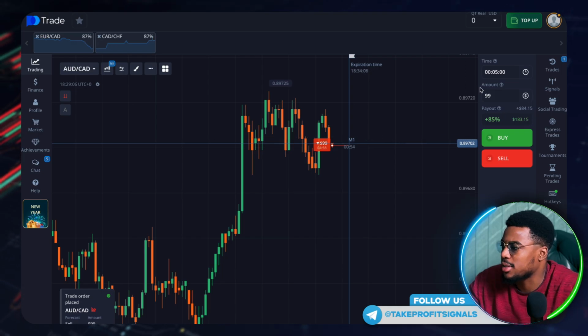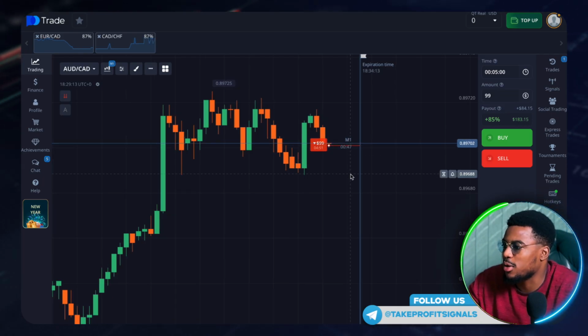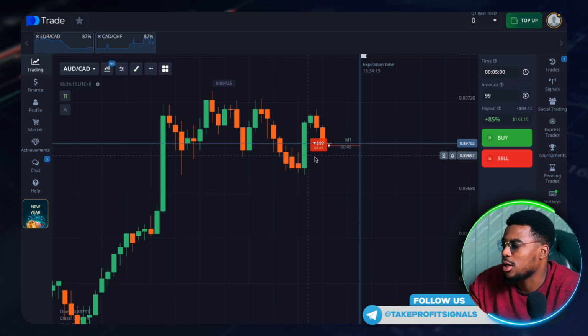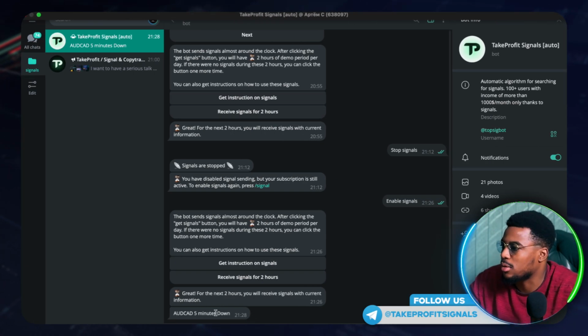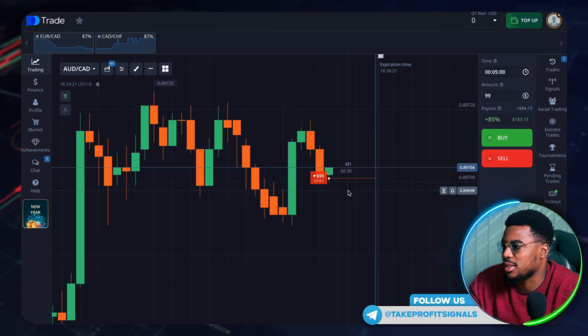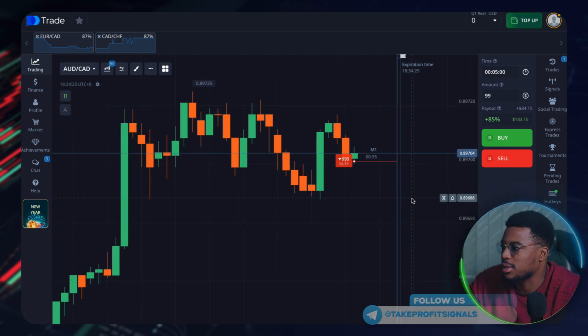It is 5 minutes. The entire amount of my balance I also put in one transaction, because today's goal is to maximize my balance. So 99 we have in a transaction on the downside for exactly 5 minutes to see what result the signal will bring us.